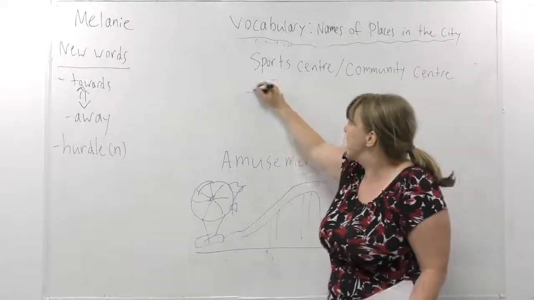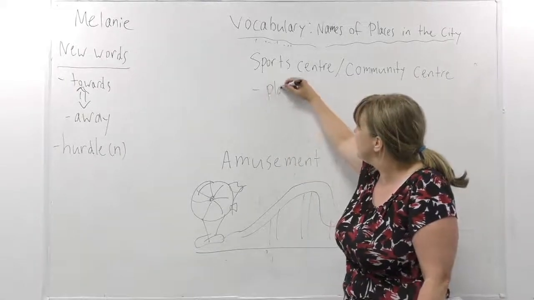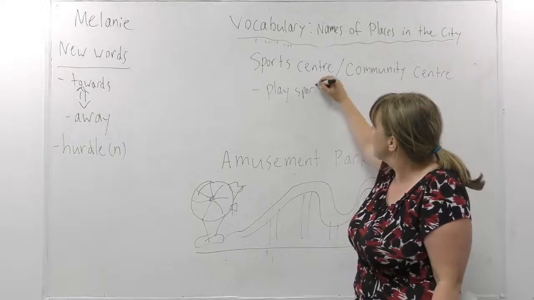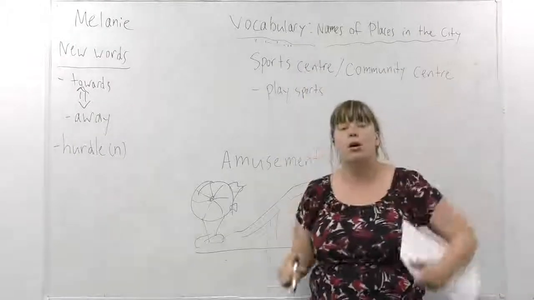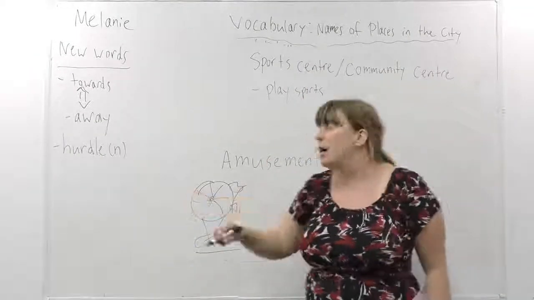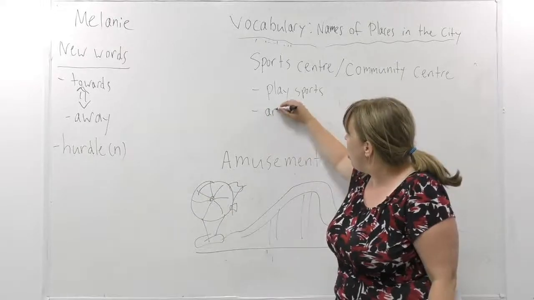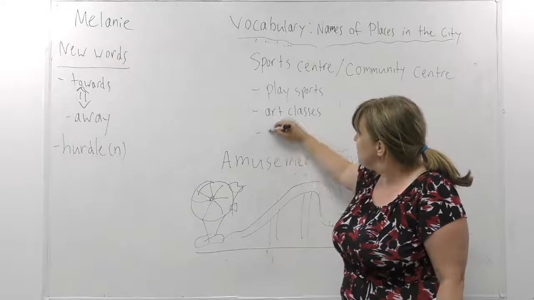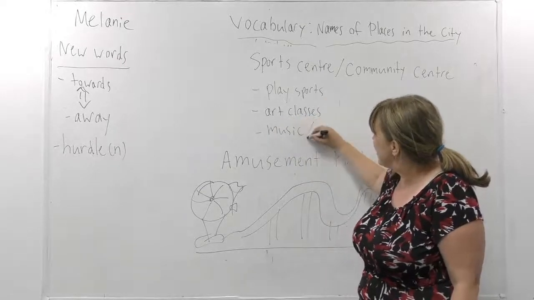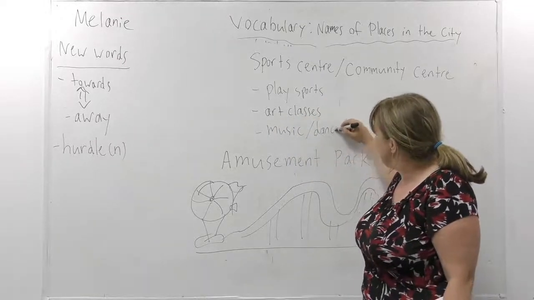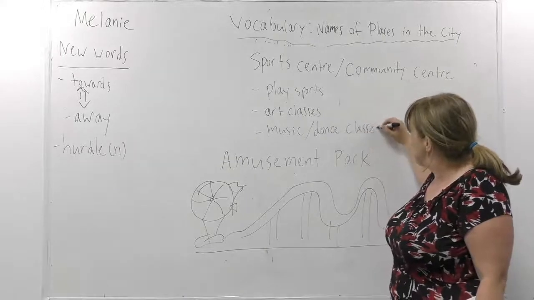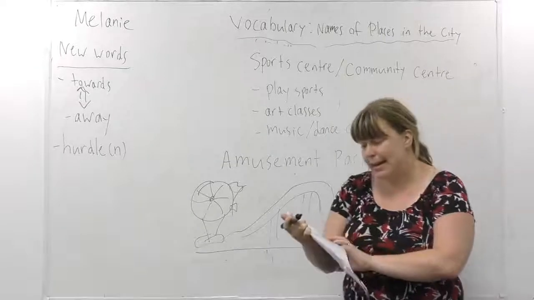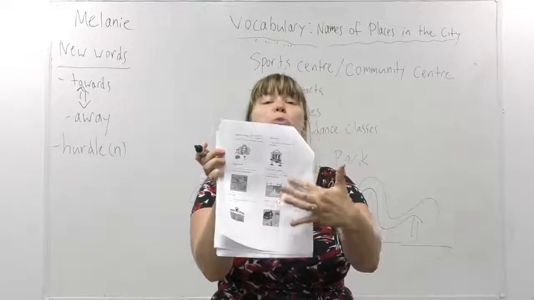So a community center is a place where you can play sports like basketball or tennis, or you can take art classes, or maybe even music classes or dance classes. And sometimes they even have a swimming pool.